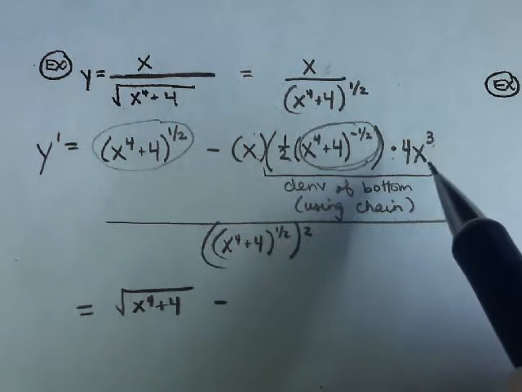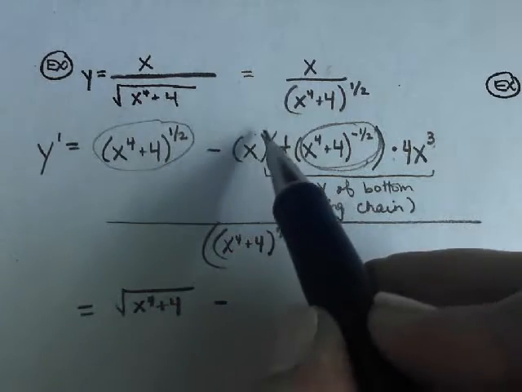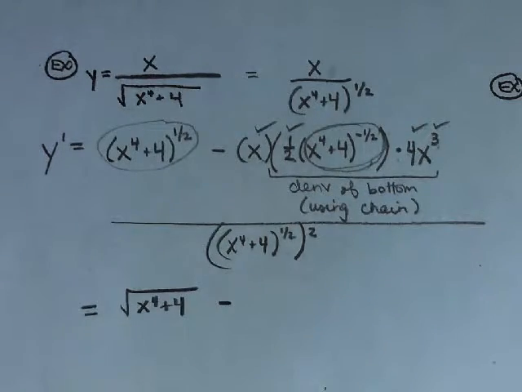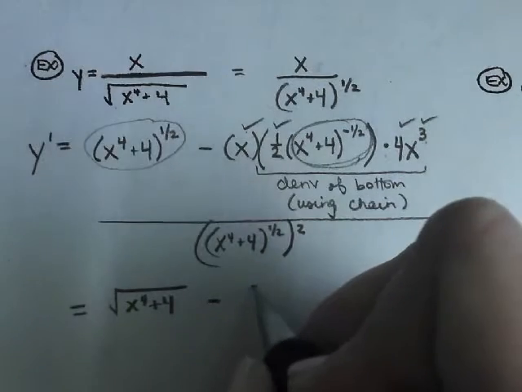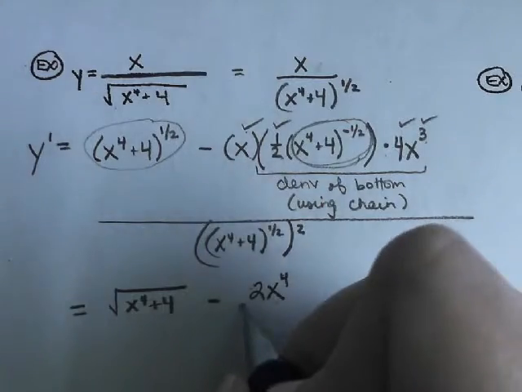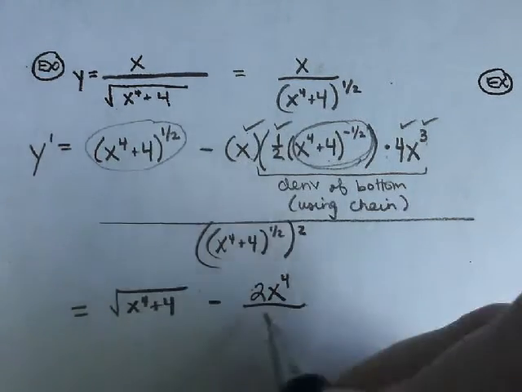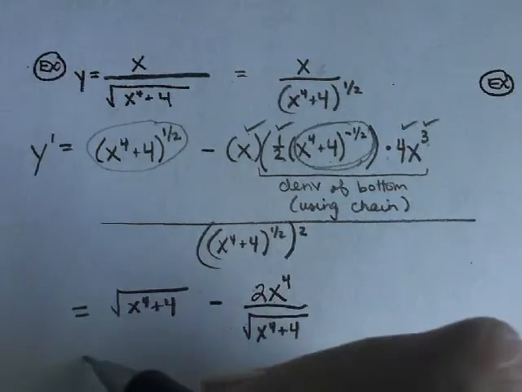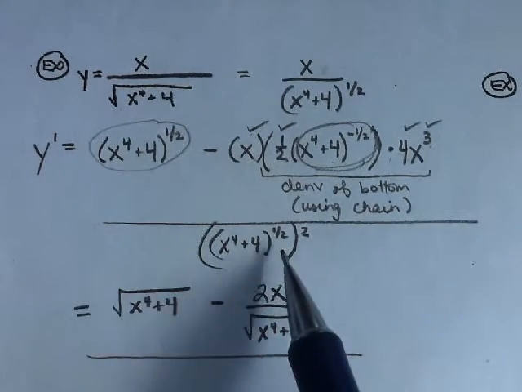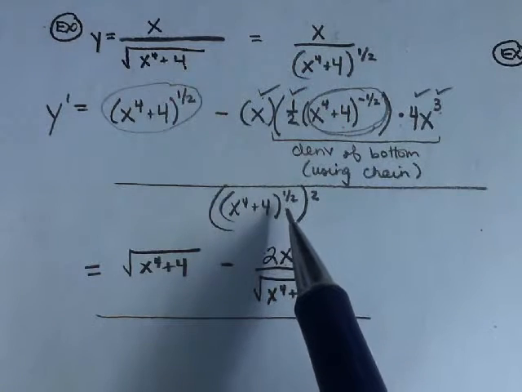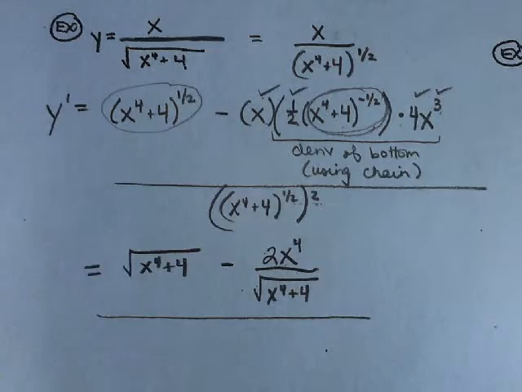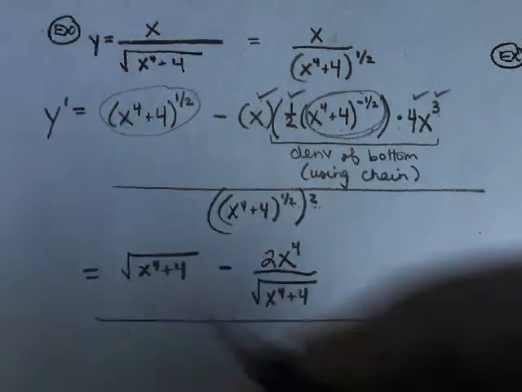So I'm really multiplying this times this times this. Those are all your monomial coefficients. So that's going to be 2x to the 4th over the square root of that. And then we're all over, when I take this power to power, multiply a half times 2, you just get 1, so there is no exponent. The denominator is just x to the 4th plus 4.